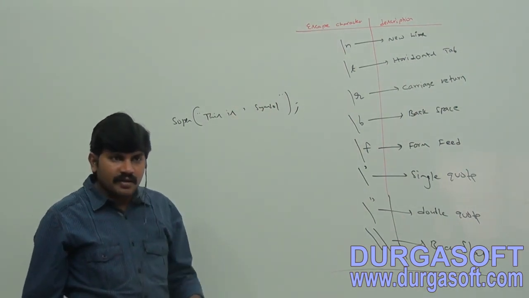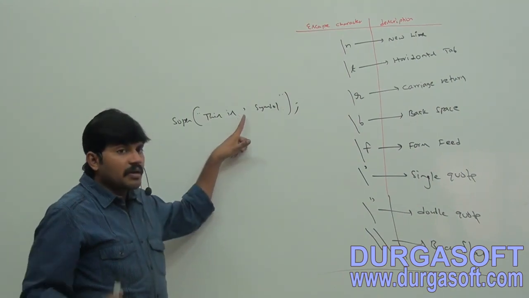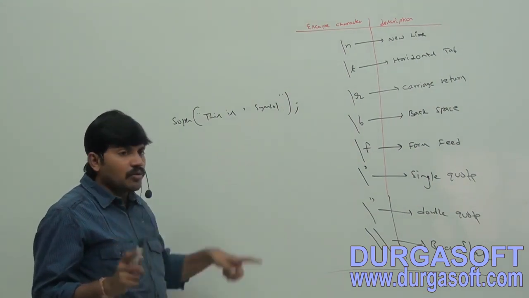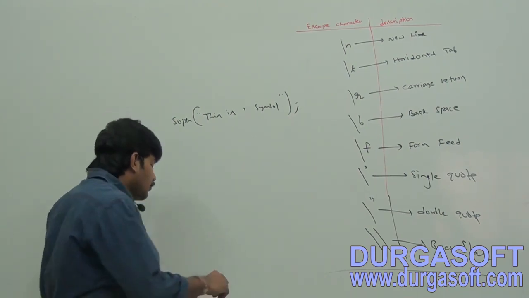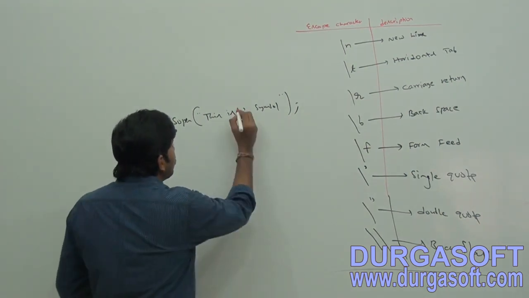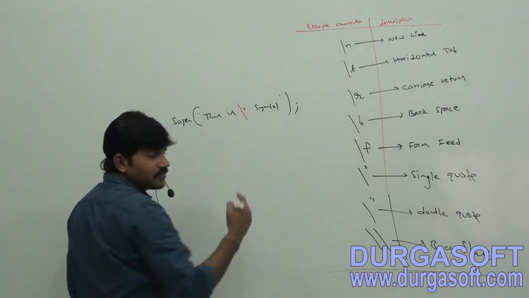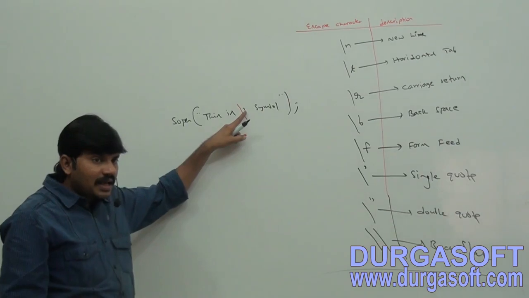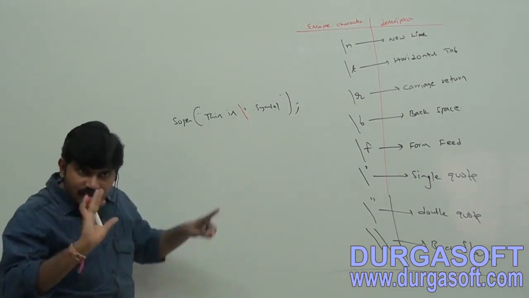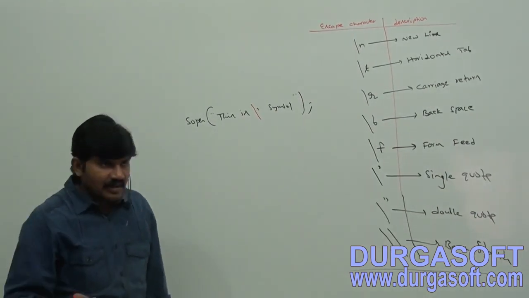Where is the corresponding character literal, right? Now I have to convey, oh compiler, don't consider single quote meaning. Can you please consider single quote as a symbol only? How you can specify is backslash single quote. Now onwards it's going to print single quote as a symbol, not its meaning, not the character literal, right?